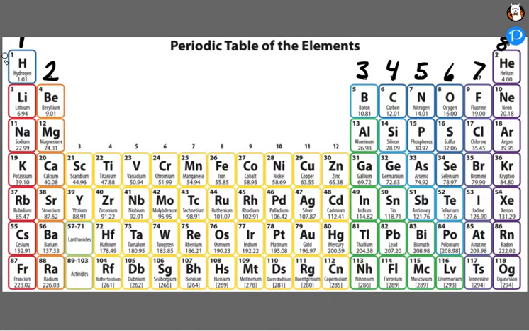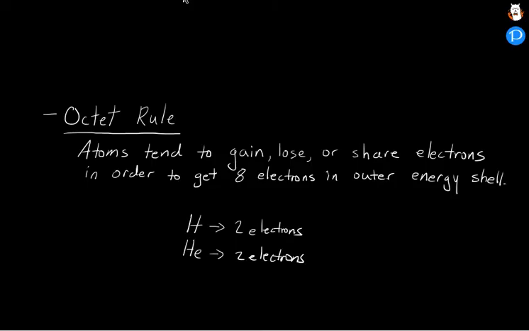Hydrogen has 1 valence electron, but it only has 1 energy level, and that first energy level can only fit 2 electrons anyways, so hydrogen just needs 1 more electron to have a full shell. Just like helium. Helium has 2 electrons in that first shell, and that's the only shell it has, so it's got a full octet with really only 2 electrons. So just keep that in mind.